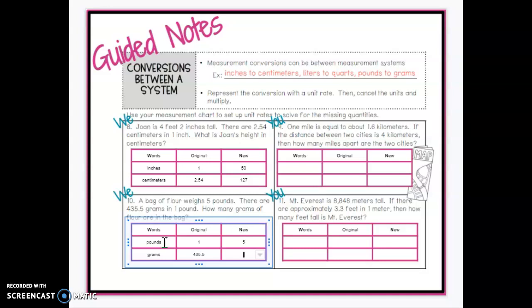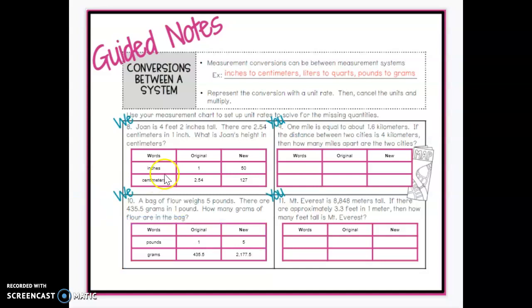So we're just going to cross multiply 435.5 times 5. Again, if we had a different number here besides a 1, we would divide, and we don't. So we just have 2,177.5 grams are located in 5 pounds of flour.